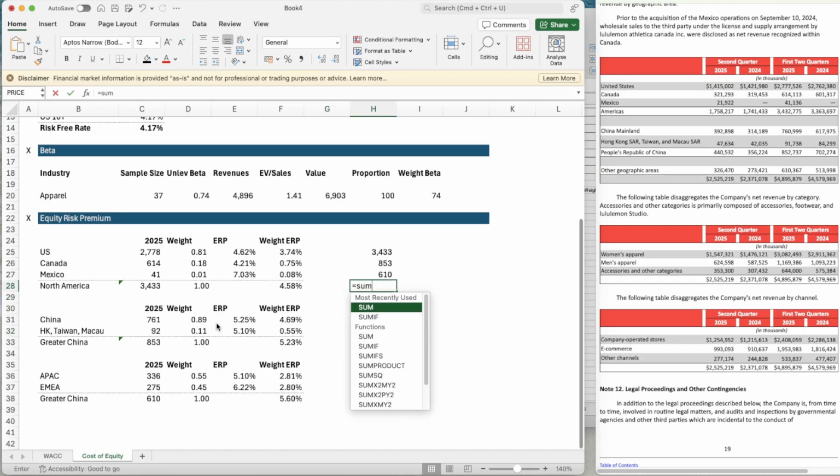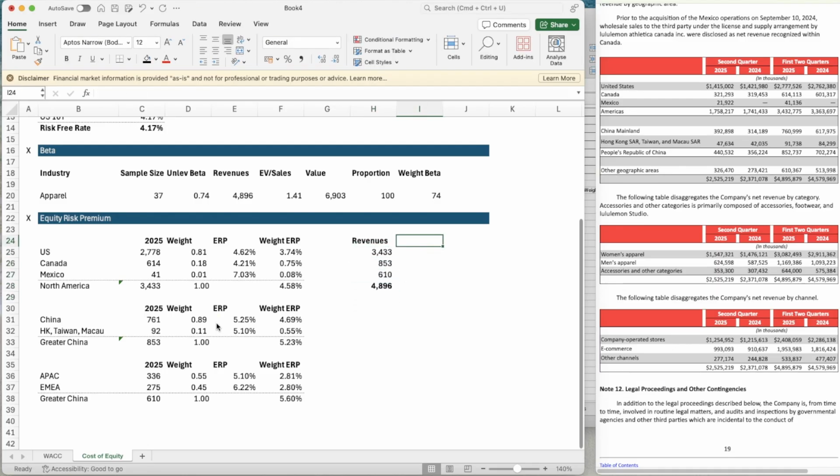We go sum. So we have our revenues here. We want our weight. Let's copy these, divided by 28.